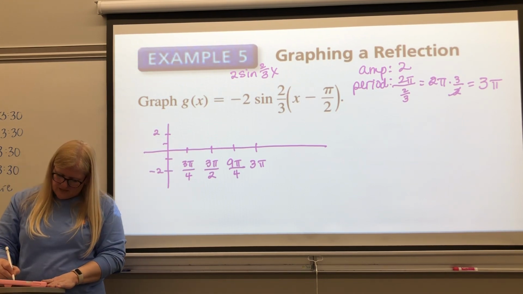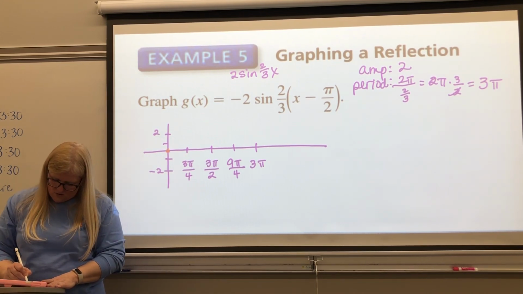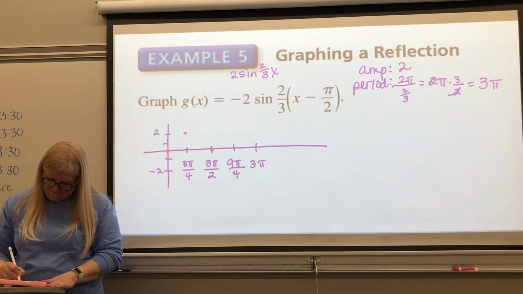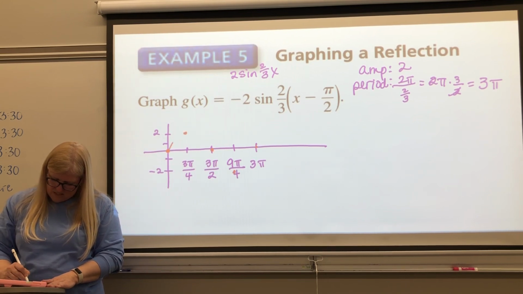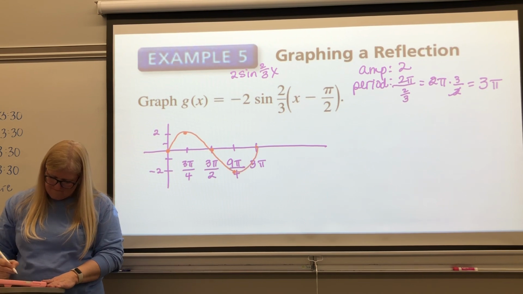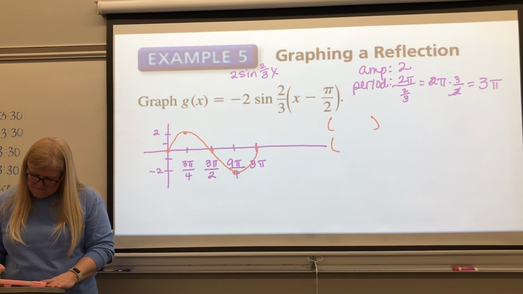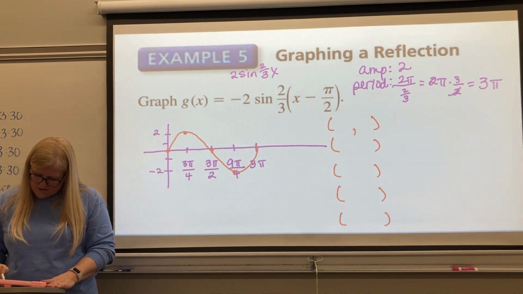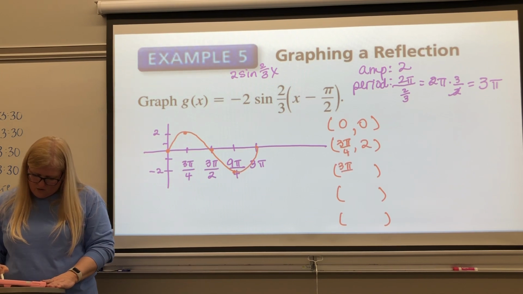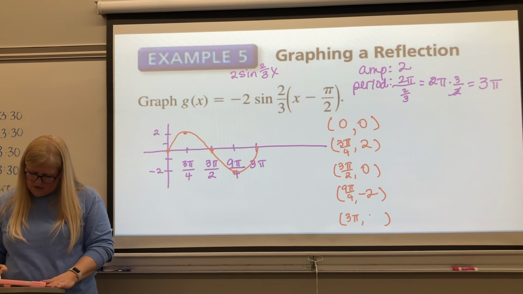Okay, and sine again, like this. And my points are 0, 0, 3 pi over 4, 2, 3 pi over 2, 0, 9 pi over 4, -2, and 3 pi, 0.